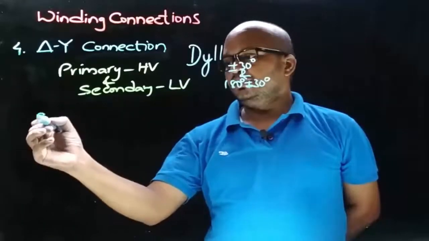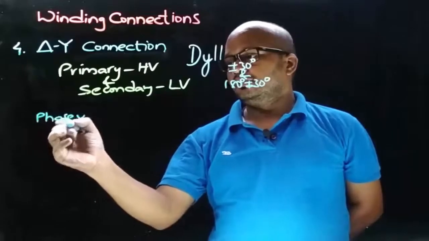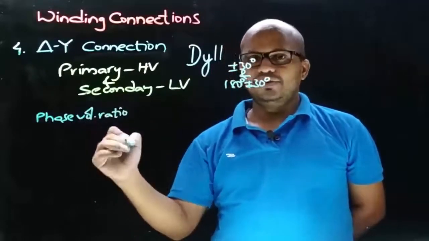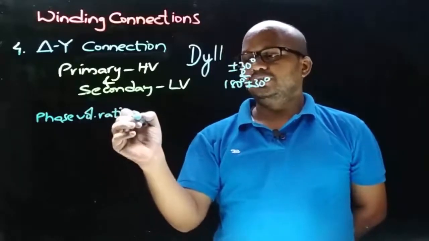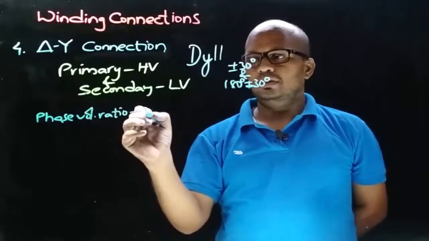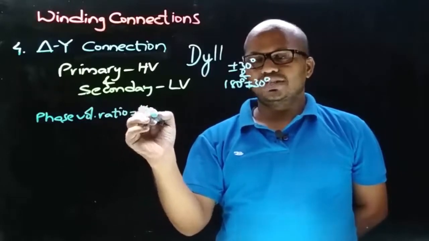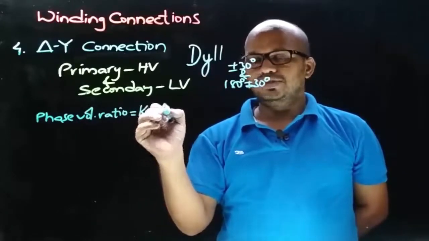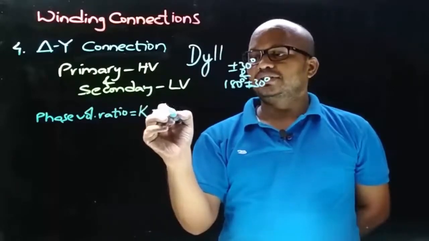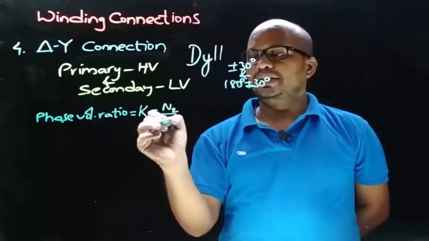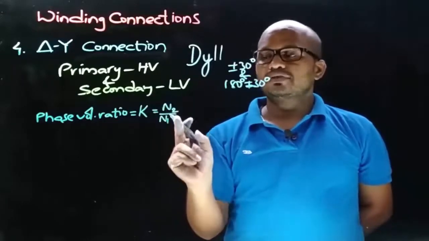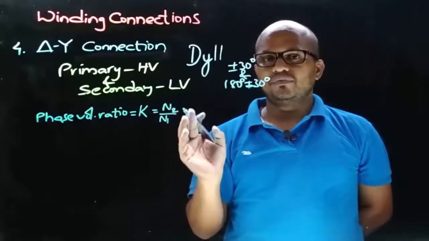Now let's find the phase voltage ratio and line voltage ratio. We know that the phase voltage ratio can be taken as equal to the transformation ratio constant K, which is the same as that of a single phase transformer, equal to N2 by N1, where N2 is the secondary side number of turns and N1 is the primary side number of turns.